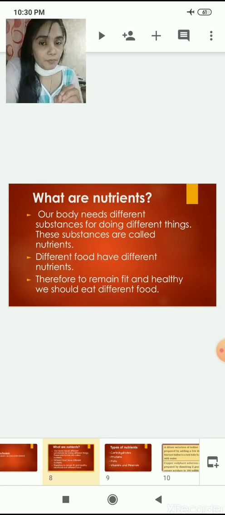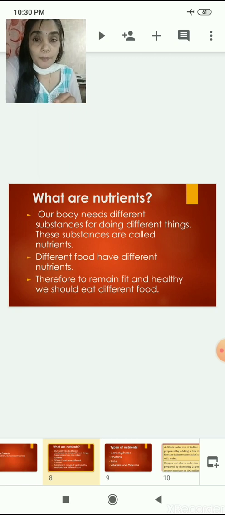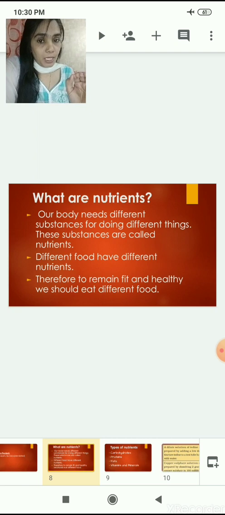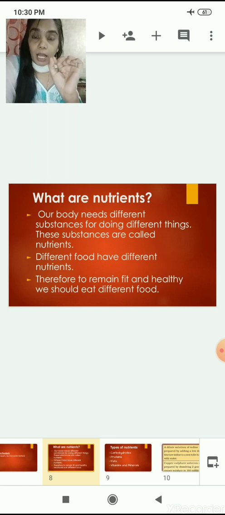Keep it ready. So in the next session, we are going to do the experiment, that is testing of food items. So you will write the date, you will write the chapter number, you will write the topic, and you will write the heading, side heading. Number one is carbohydrate test.